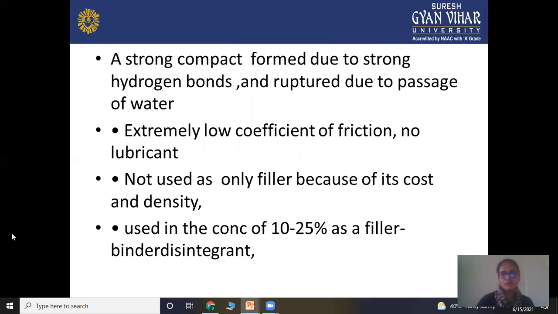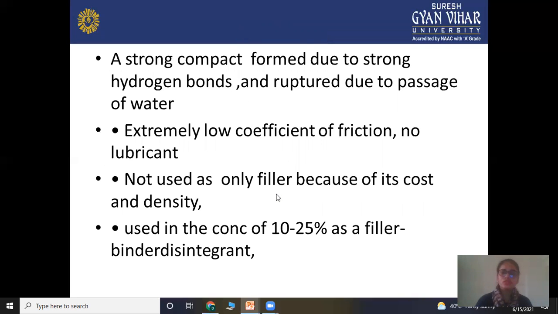Cellulose compacts into a strong form due to strong hydrogen bonds, and it ruptures easily with the passage of water. It has an extremely low coefficient of friction, and no lubricant is required. Cellulose is not used only as a filler because of its cost and density.